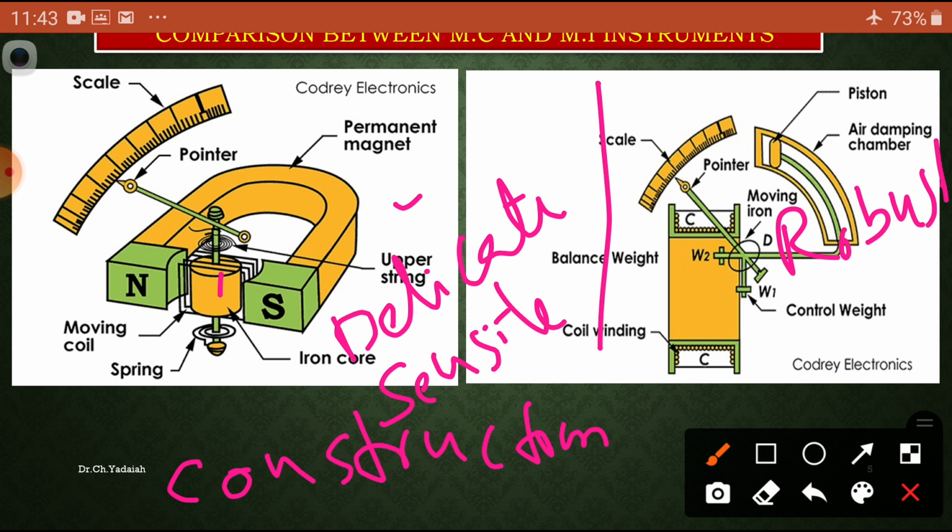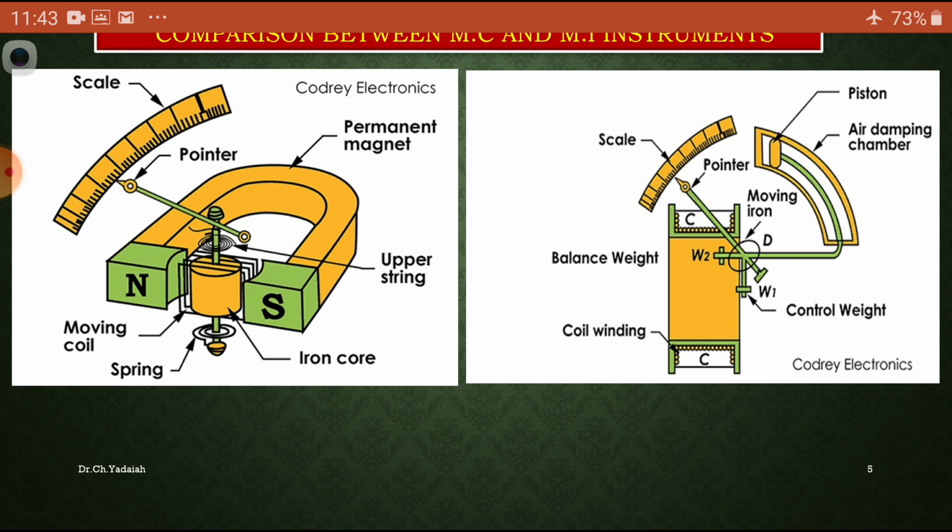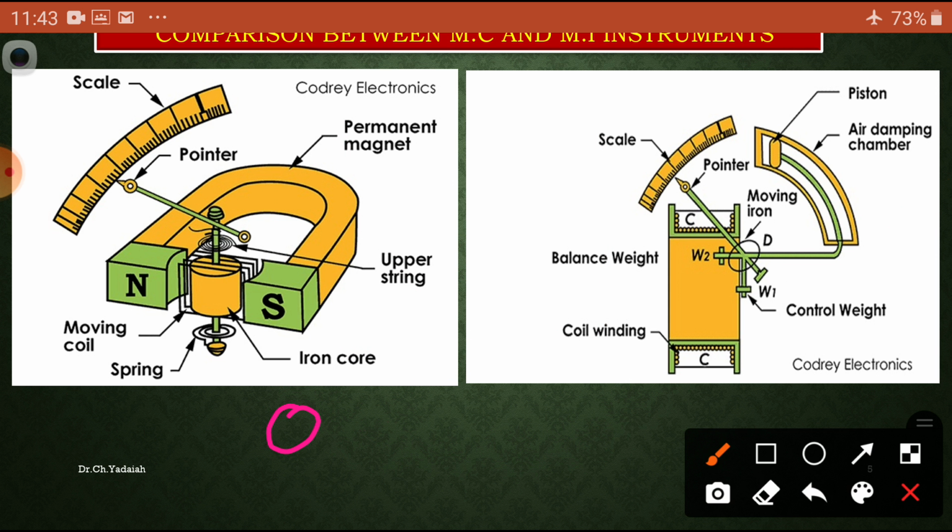Dear students, please remember, assume that the moving coil instrument is one girl student, a daughter.